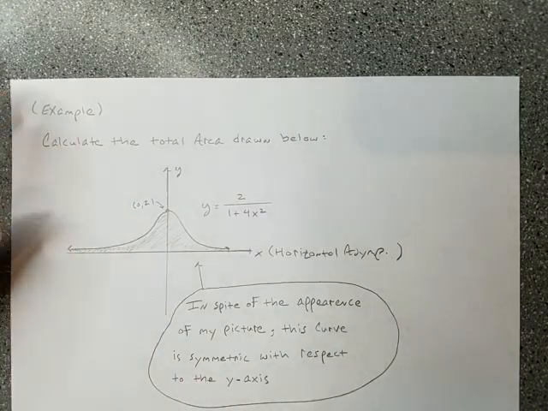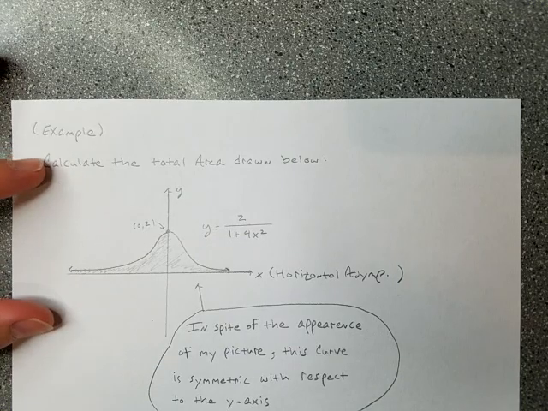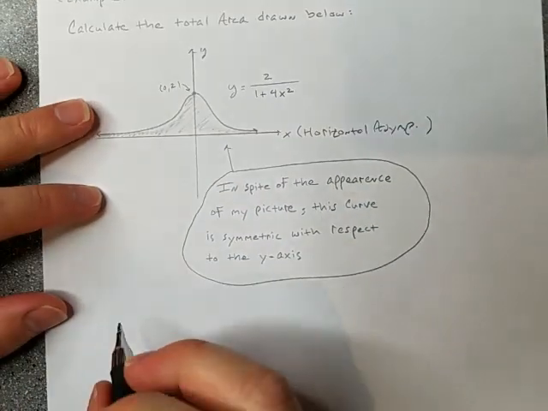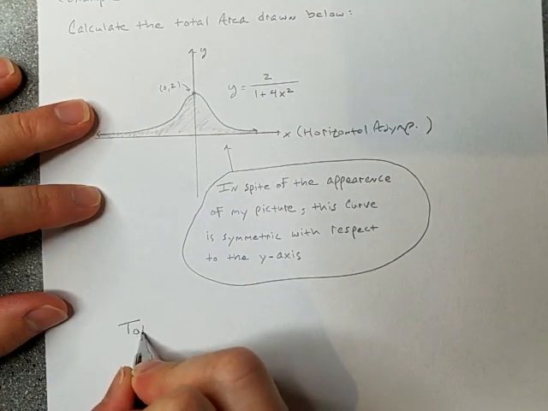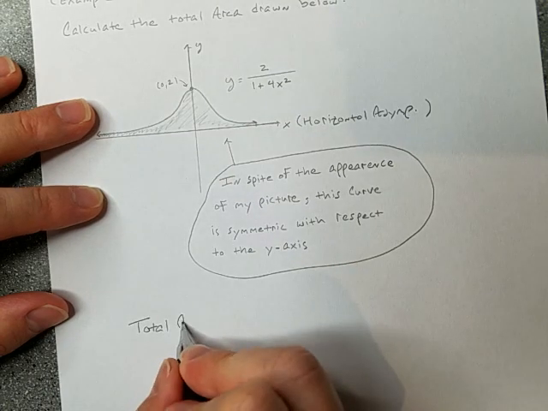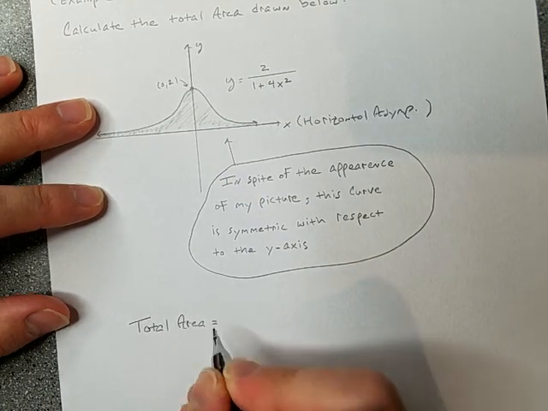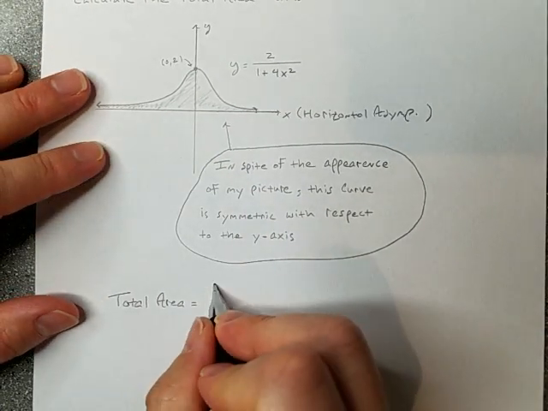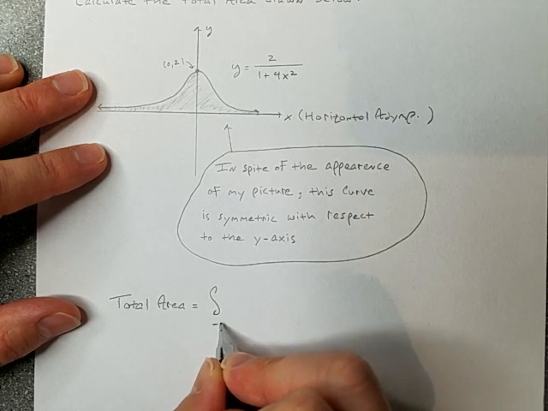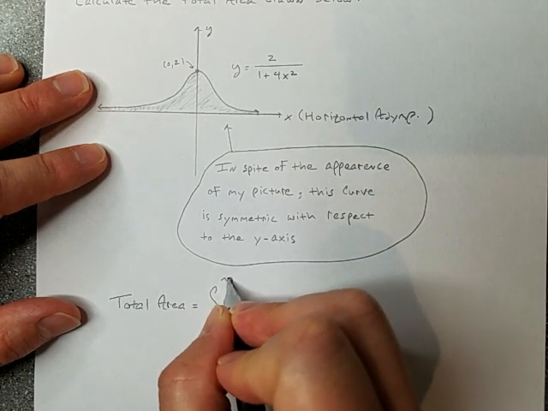So here's how we could do it. We could find the area there in two ways. So my total area could be thought of like this. The integral from negative infinity to infinity.